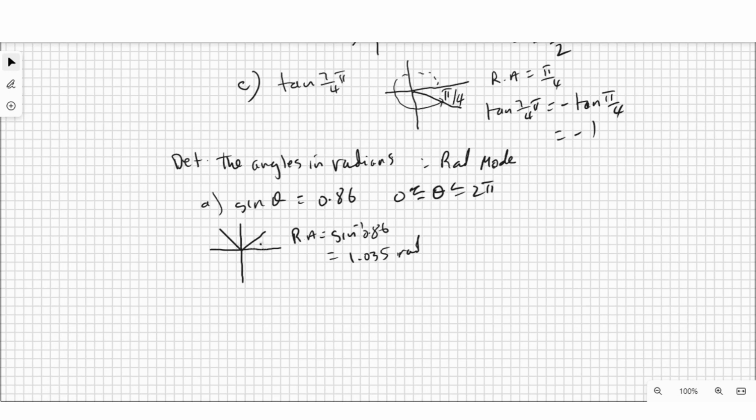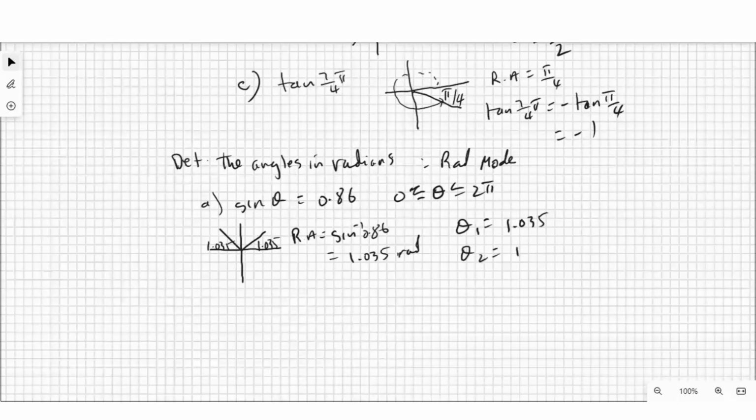So my acute angle is 1.035, and my first angle is 1.035. My second angle is pi minus 1.035, which is 2.104.